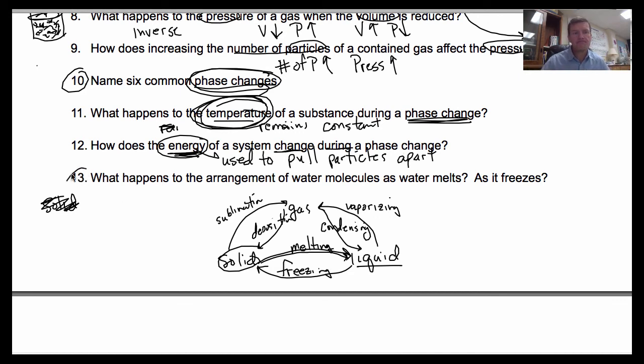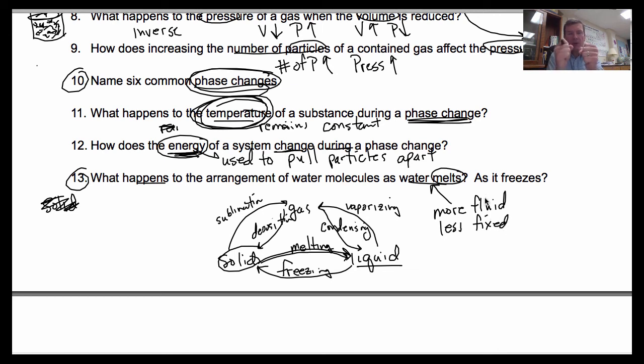13. What happens to the arrangement of water molecules as water melts? As water melts, that means it's going from solid to a liquid. Then the arrangement becomes more fluid, less fixed.